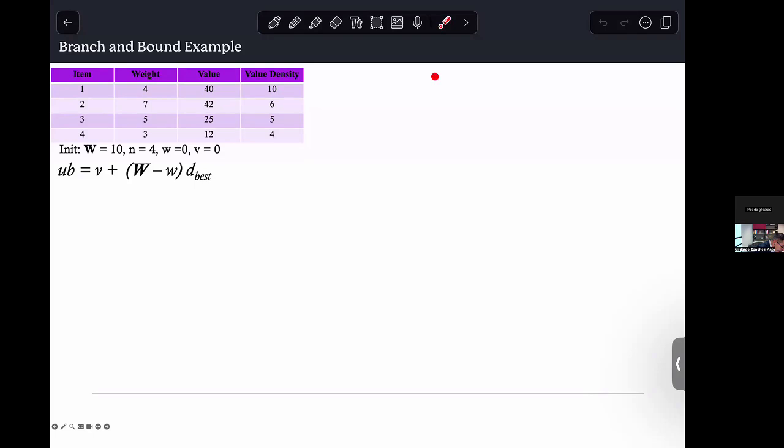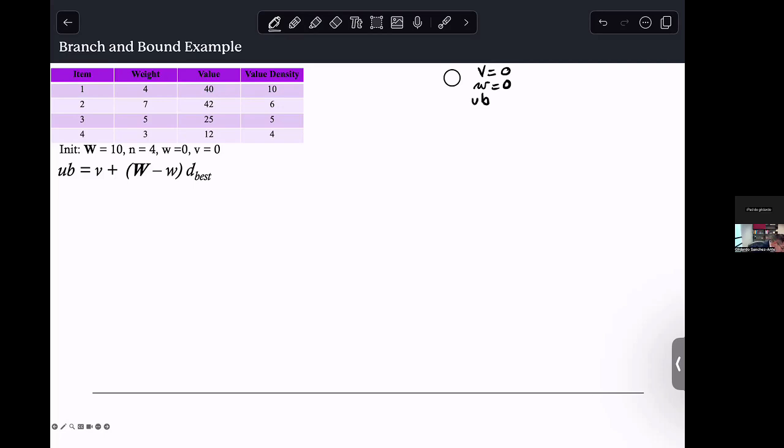So we will create the root of our tree, just going to be this first node. Remember, this is going to happen in level 0, and here we will have a total value so far of 0 and a total weight so far of 0.